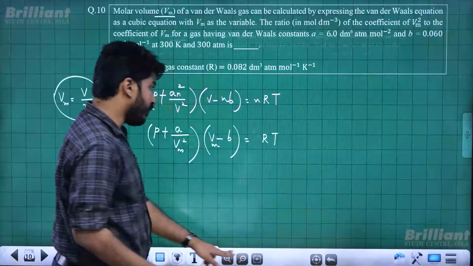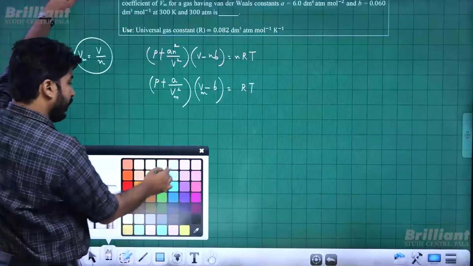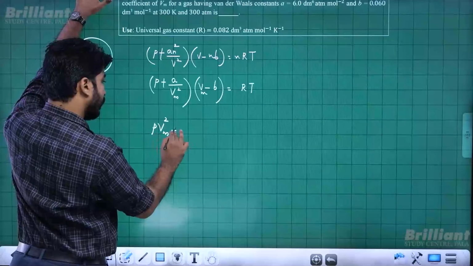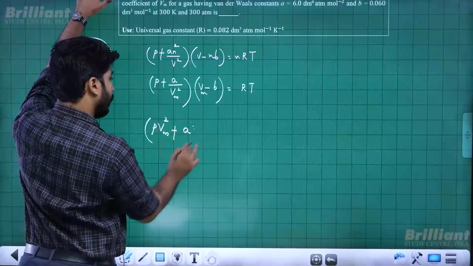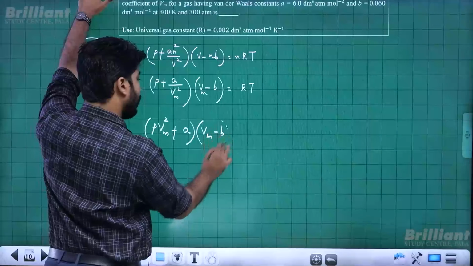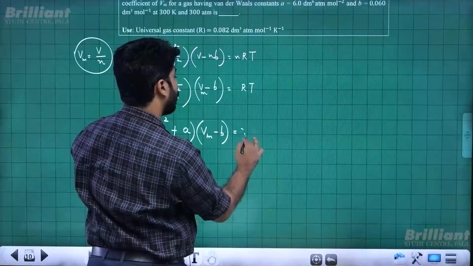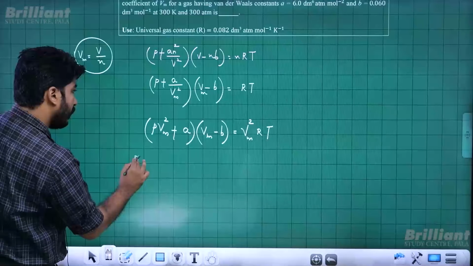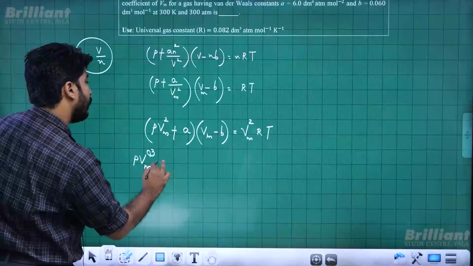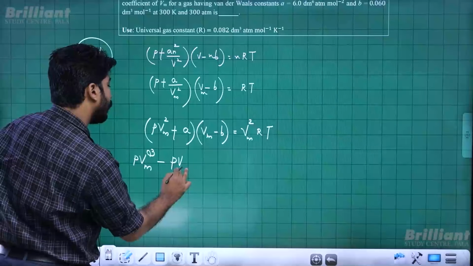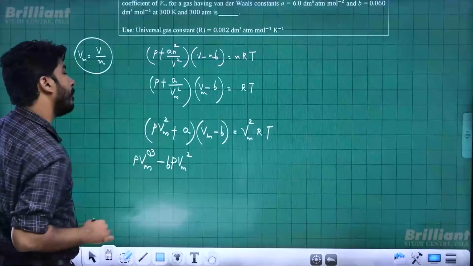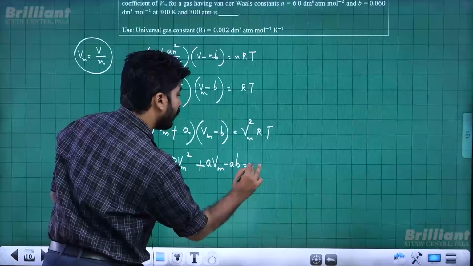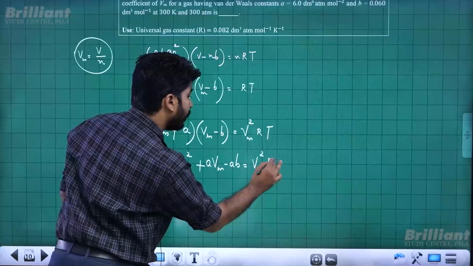Now we need to generate a cubic equation in the variable Vm. So let's cross multiply it. P Vm square plus a into (Vm minus b) is equal to, bringing Vm square to the RHS, Vm square RT. Again expand this: P Vm cube minus P Vm square b plus a Vm minus ab is equal to Vm square RT.